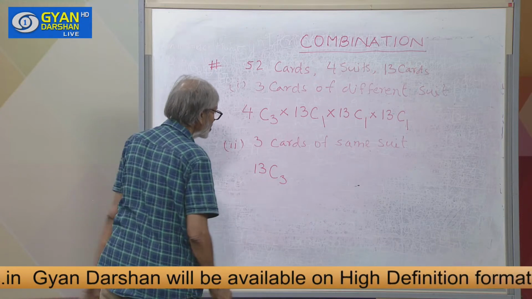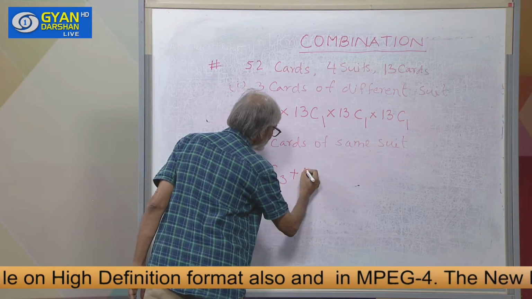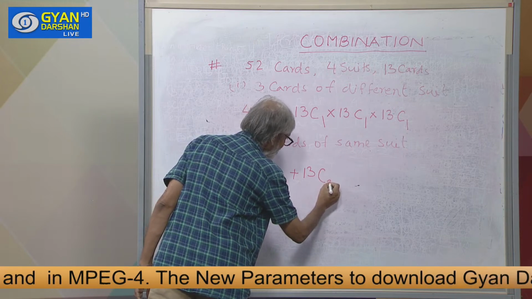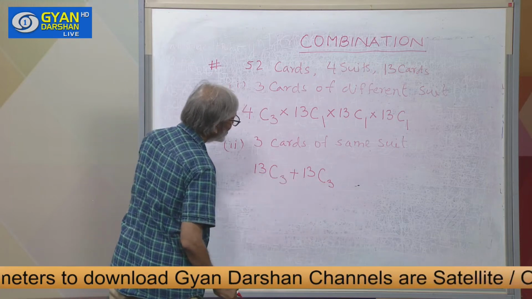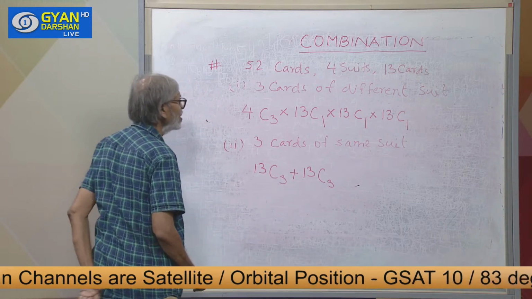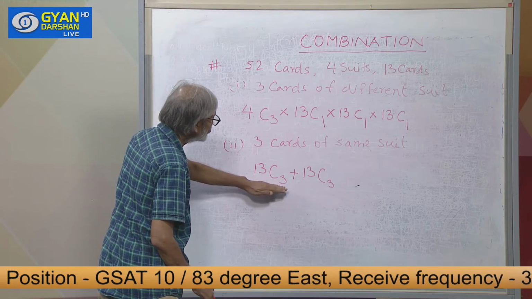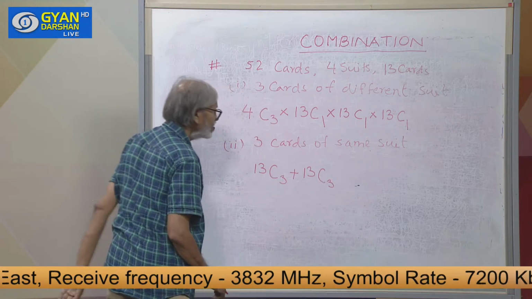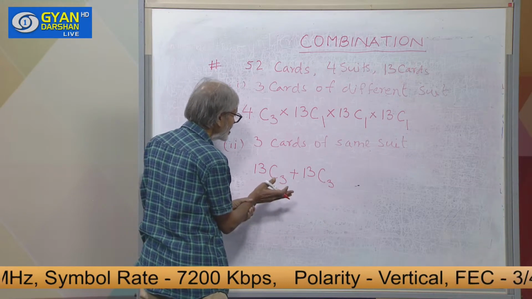Either you can do this, or you could have taken another suit and chosen again 3 cards from that in 13C3 ways. I have used plus sign here, not multiplication, because here the fundamental principle of addition will prevail, because either you can choose from this suit or this suit, or any one you can choose. So, it is not simultaneously.